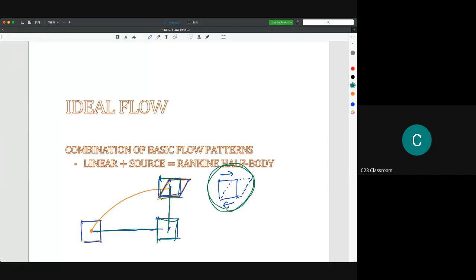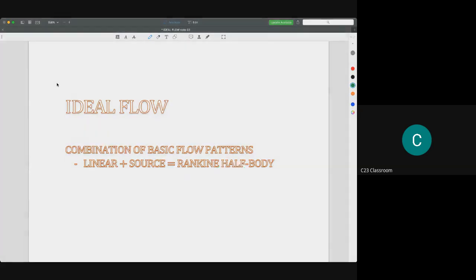So by using this basic idea, we believe that by the combination of a few basic flow patterns, we could reflect complicated examples. We could solve complicated problems.